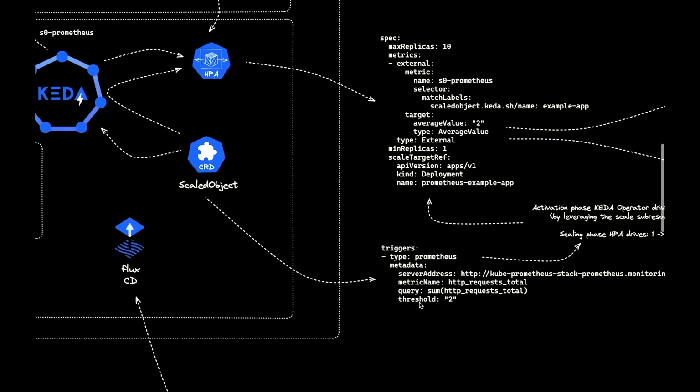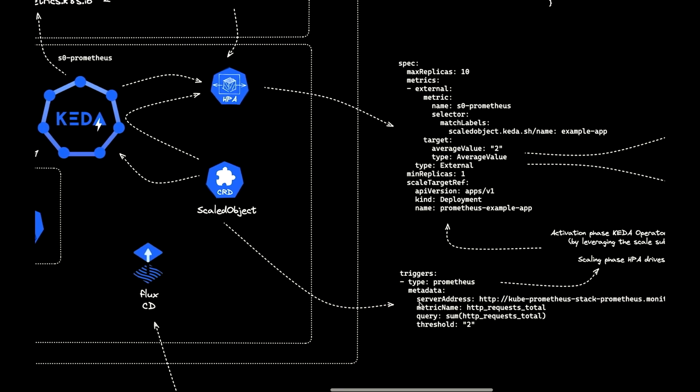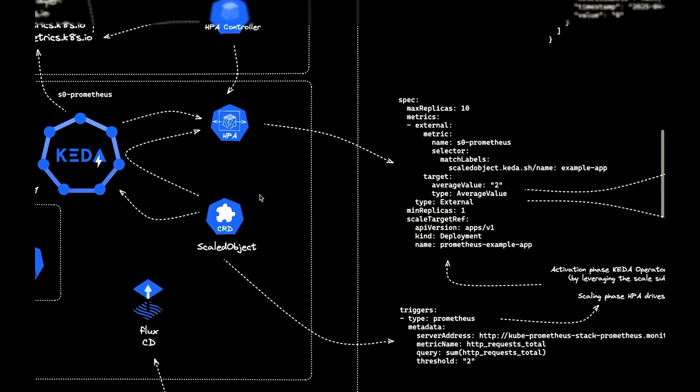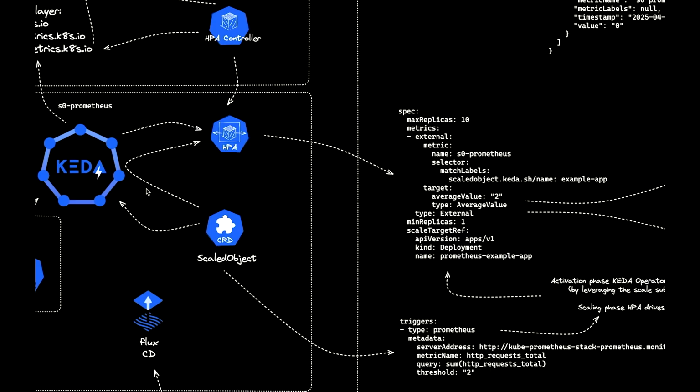One is to take the scaler and the source of my information, and the other one is to make the scaling of the resource itself. So the scaled object is translated by KEDA into an HPA resource behind the scenes.